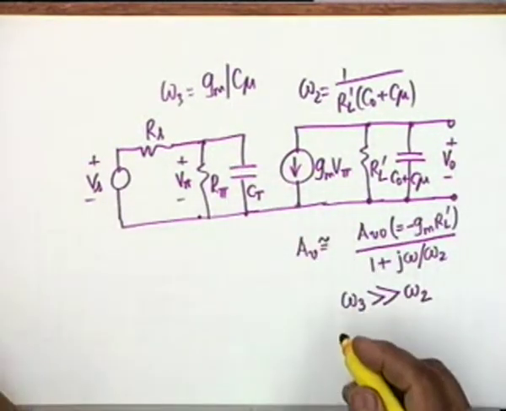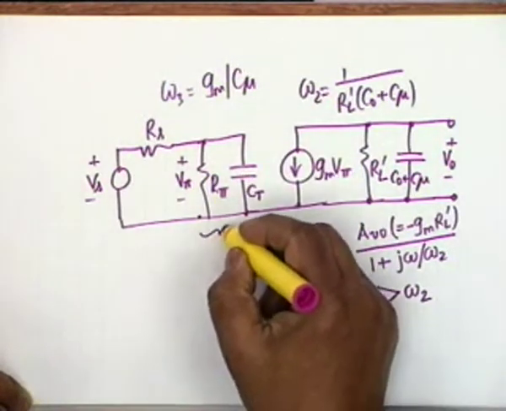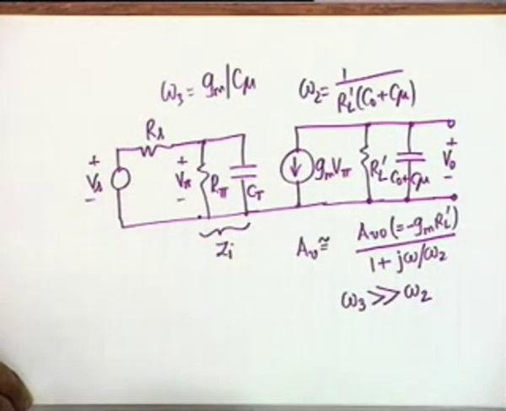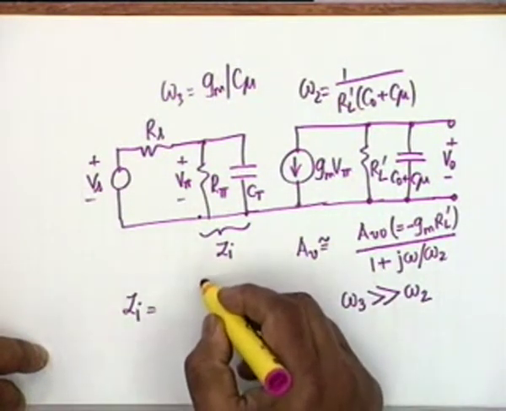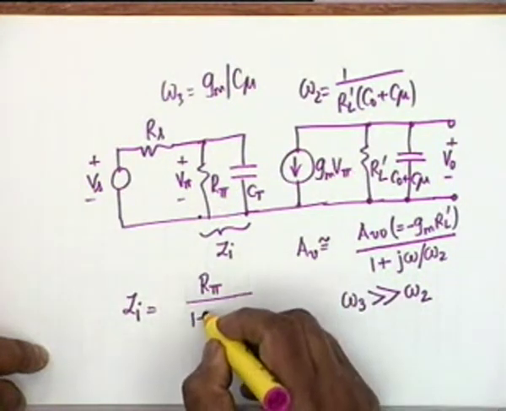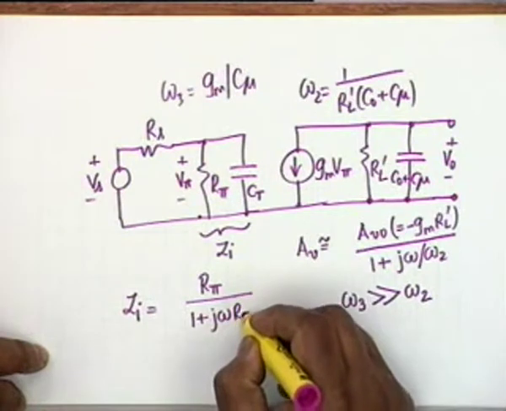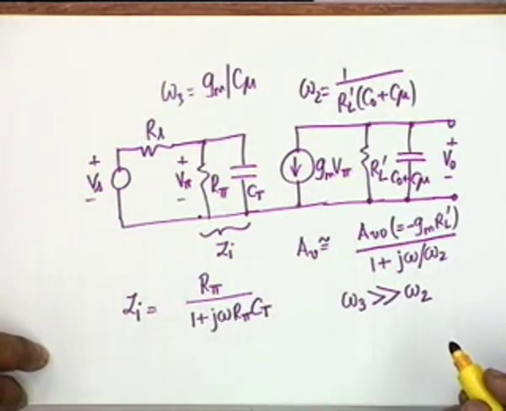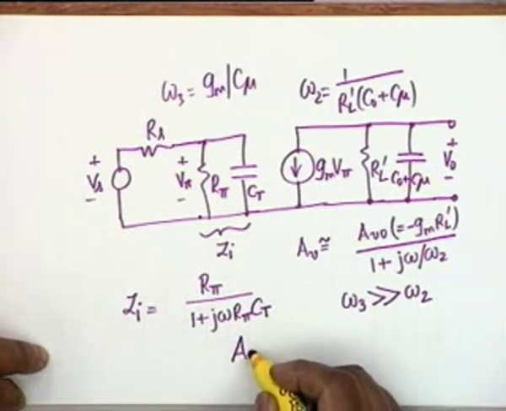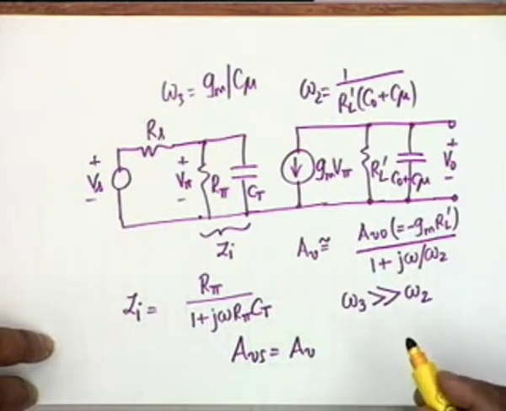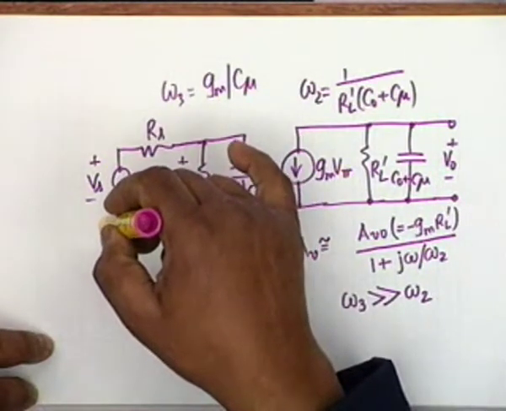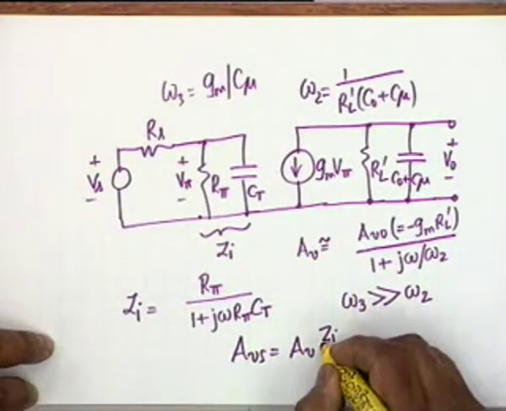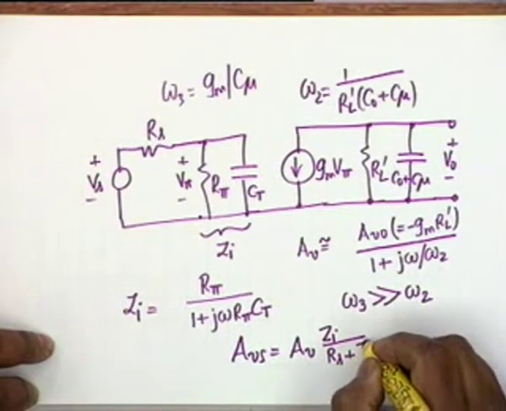Now, as far as the input circuit is concerned, if I call this combination of R pi and Ct as Zi, then obviously Zi is equal to R pi divided by 1 plus j omega R pi Ct. Agreed? Therefore, AVS, which will be the product of AV and V pi divided by Vs, would be Zi divided by Rs plus Zi.